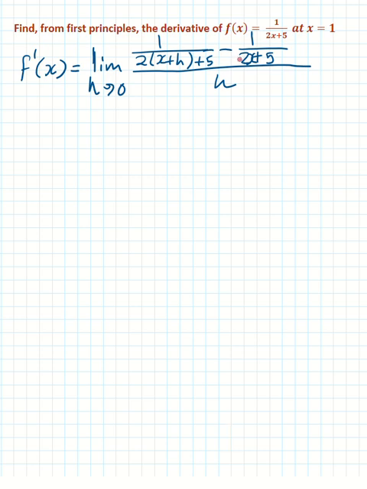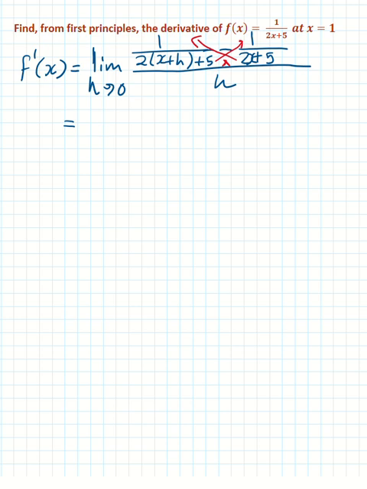So we're going to times the numerator 1 by 2x plus 5, and this numerator by 2 bracket x plus h bracket close plus 5, and then we're going to times the two denominators together. So after doing that, here's what we're going to get.